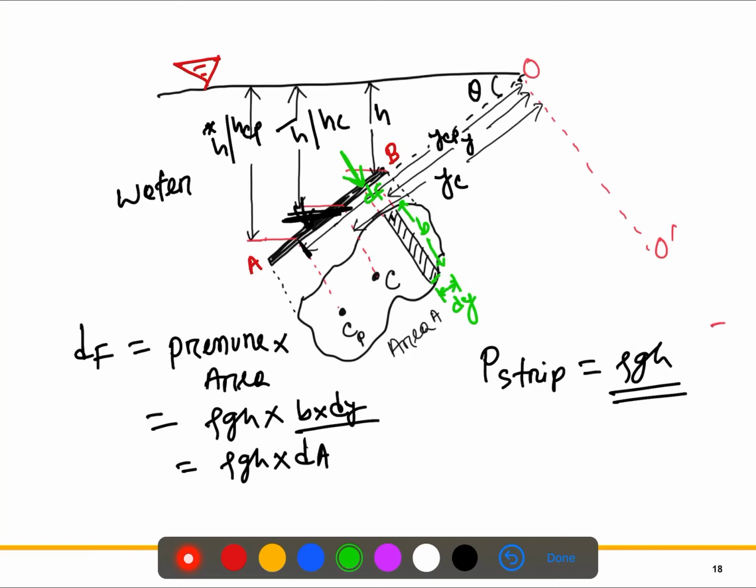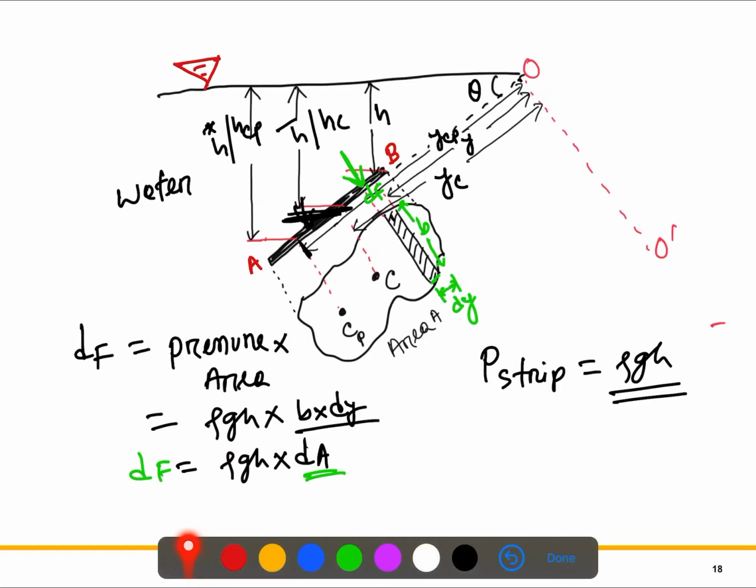This is a very elementary section. So dF is the pressure force on this strip. But if we want to get it for the whole domain, then we integrate it to get the resultant force, the force magnitude.